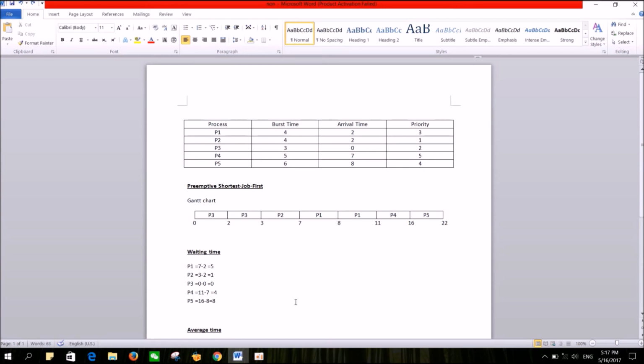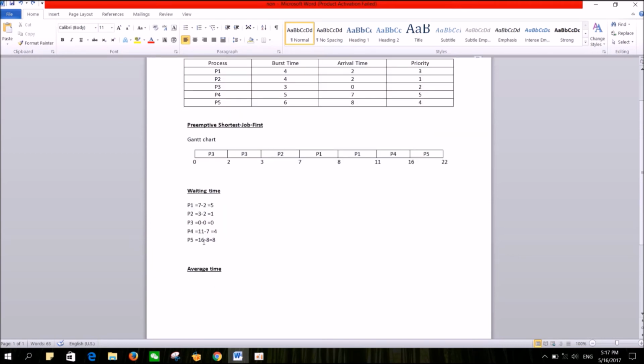Now we are going to calculate the average waiting time. Calculating the average is the same: we have to total up all the waiting times of the processes and divide by the number of processes that we have. Here we have 5 processes, so we will divide by 5.